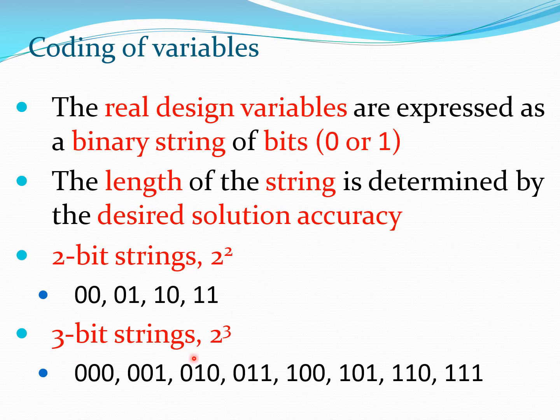Now if you think of 3-bit strings, you can get 2 to the power of 3 such strings here, starting from 0 0 0, which is the lowest, maximum is 1 1 1, and then there are all these steps in between where we have tried the different combinations which we can get with zeros and ones. So again, this is a process which you can continue. For 4-bit strings you will get 2 to the power of 4 such strings, and again you can go to 5 bits, you'll get 2 to the power of 5, which is 32, and so on.